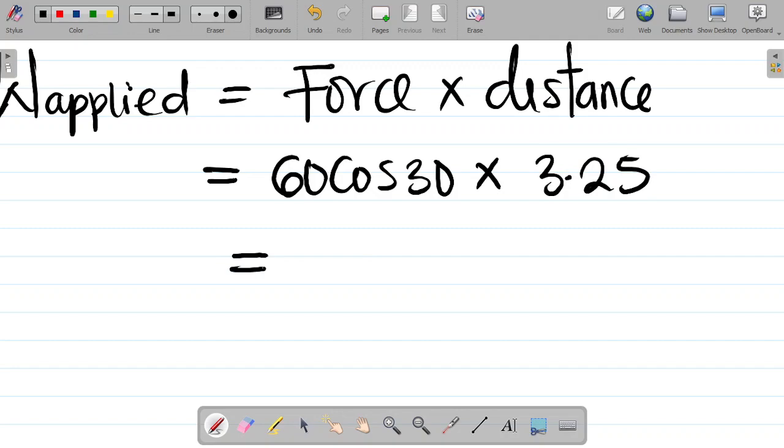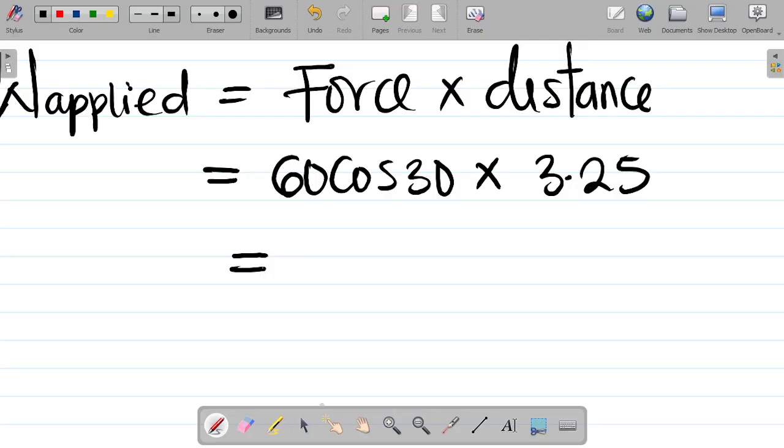Let's punch this. So I'll just get my calculator real quick. All right, so I have 60 times cosine of 30 times 3.25.